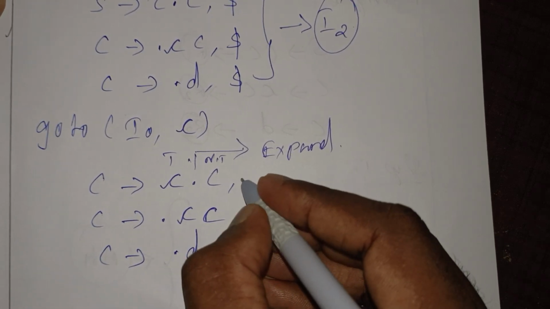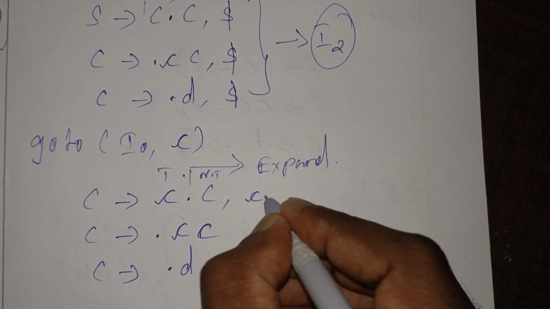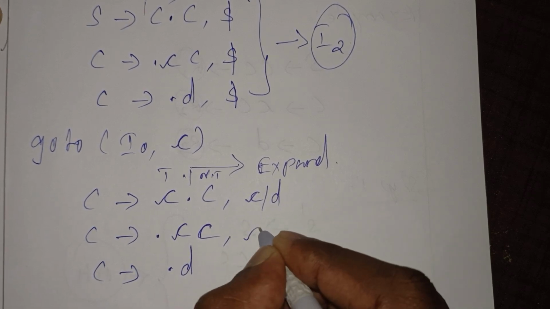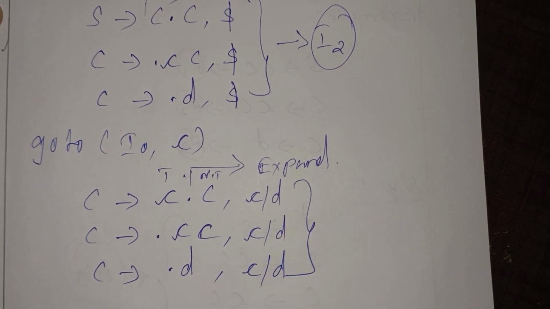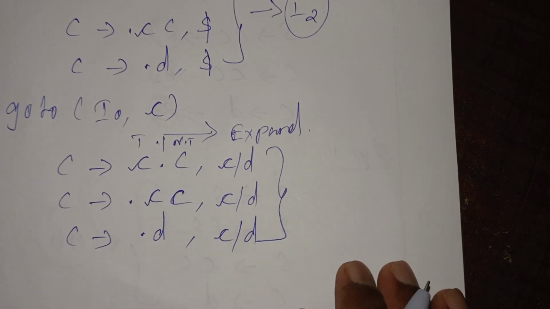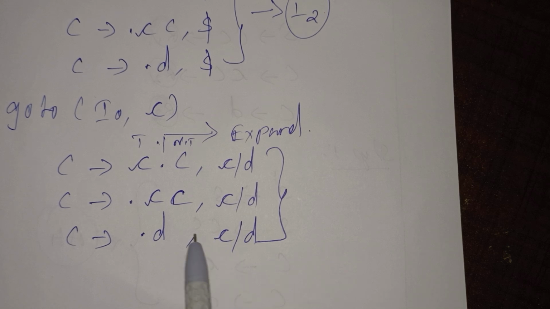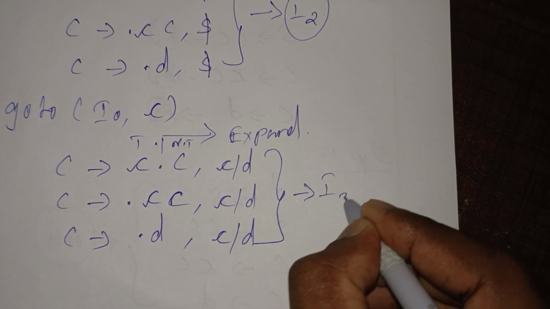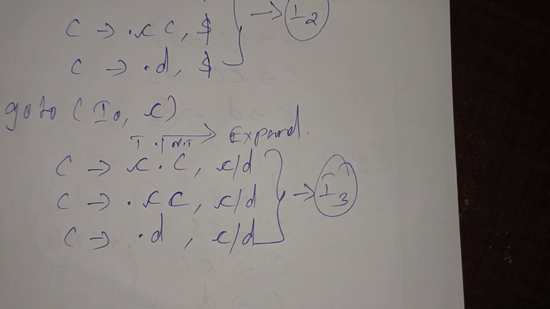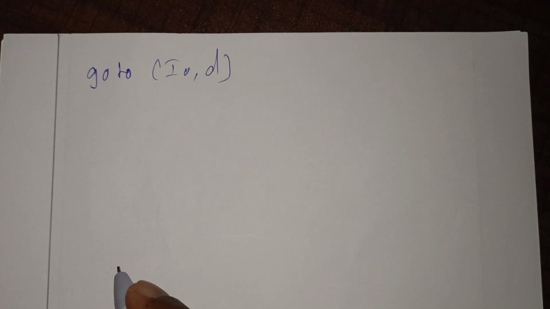Don't forget to add this particular lookahead value. You can see it is c slash d, c slash d and c slash d. This is most important, that is adding a lookahead value in each and every production by using the Goto function. So this is a new iteration, so I am calling it iteration number 3, right?